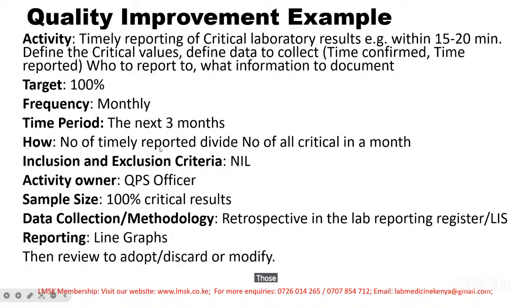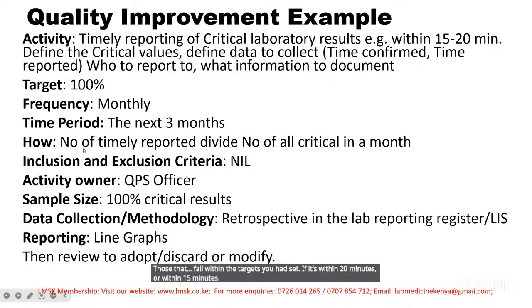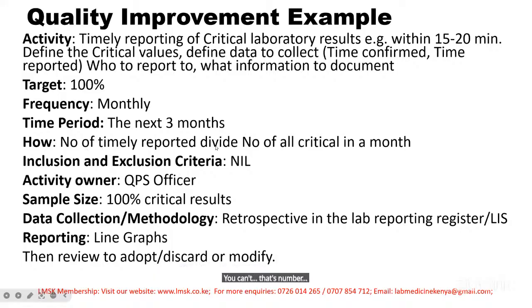Those that fall within the target you had set, if it's within 20 minutes or within 15 minutes, you count that number, divide by the total number of critical values during that period. So you take the total number of timely reported critical values divided by the total number of critical values in that period times 100.